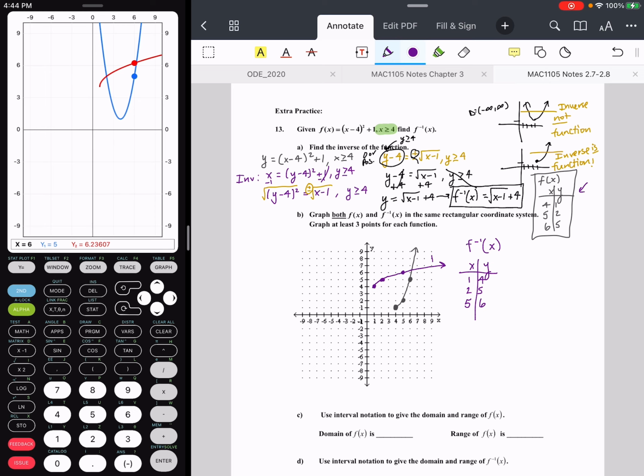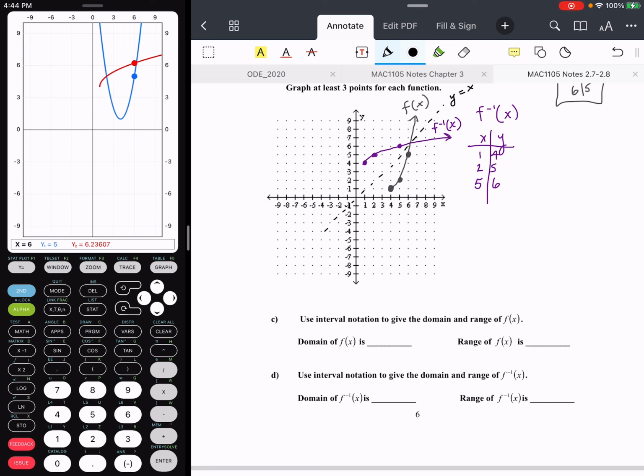And that's my graph of f inverse of x, next to my graph of f of x. All right, so there's both f of x and f inverse of x with 3 points. Also, just a quick reminder that a function and its inverse are symmetric about that line y equals x, and you can see that in this case.